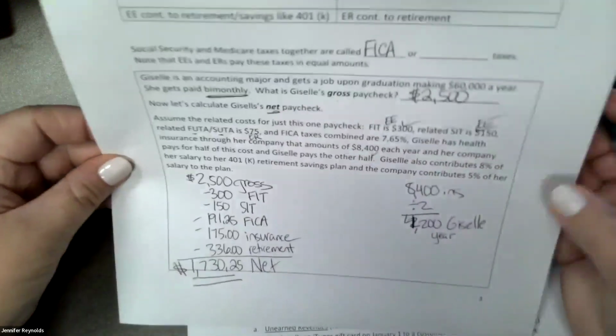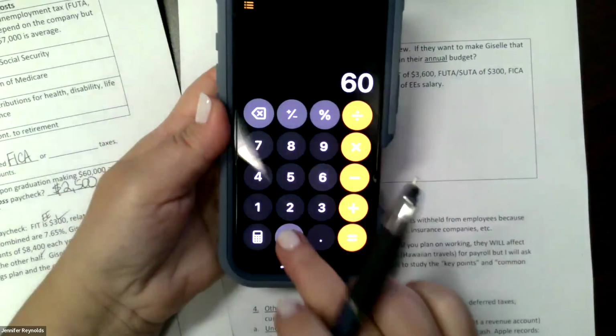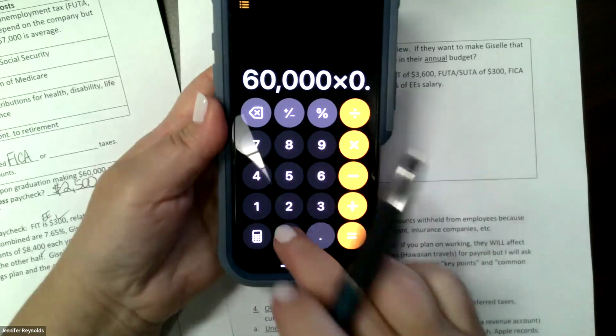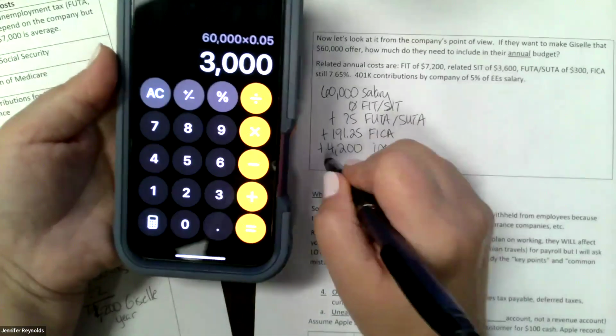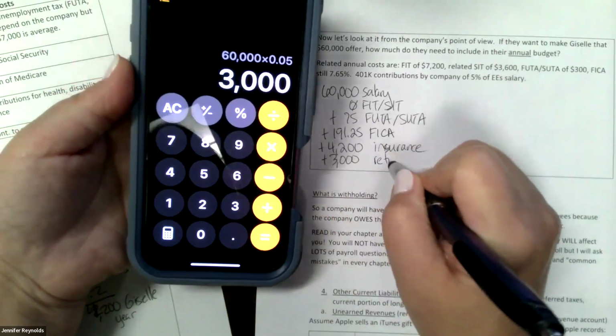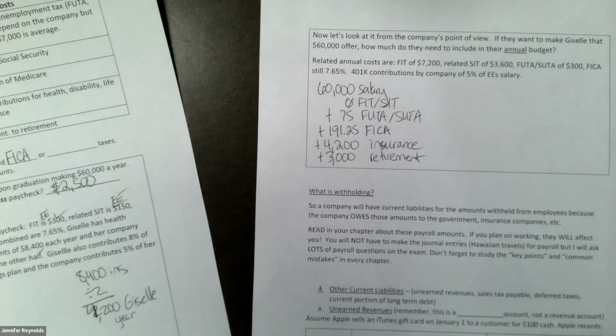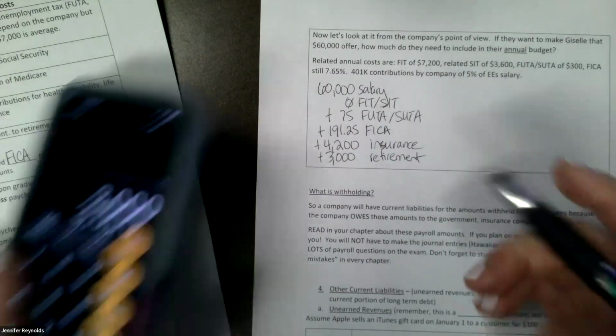So they told Giselle, hey, we'll put in 5% of what you make to your retirement plan. So I'm going to take $60,000 times 5%. They're going to give Giselle another $3,000 a year for her retirement. And I think I've gone through all of those now.